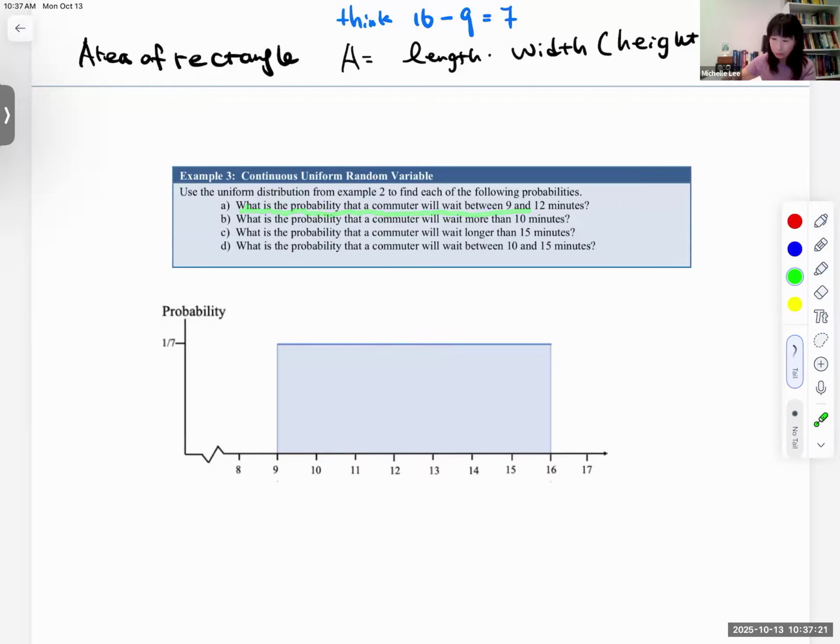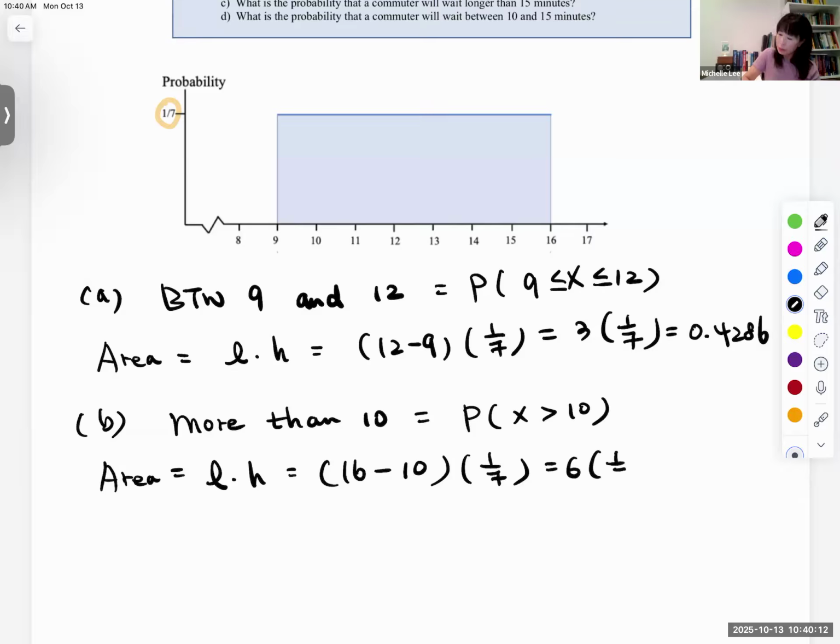More than 10 means 10 to 16, so 16 minus 10, and the height is 1 over 7. So that is 6 times 1 over 7, which is 0.8571.